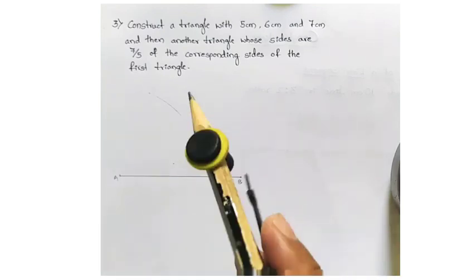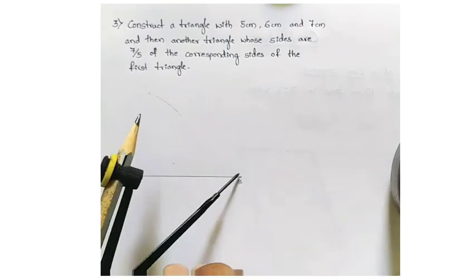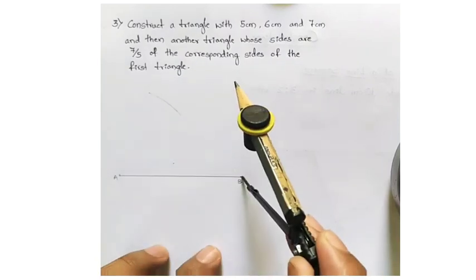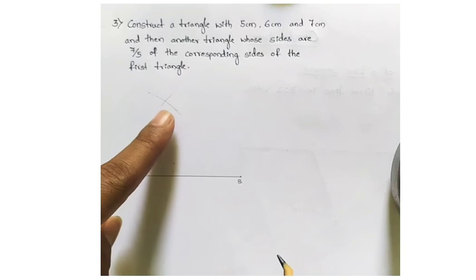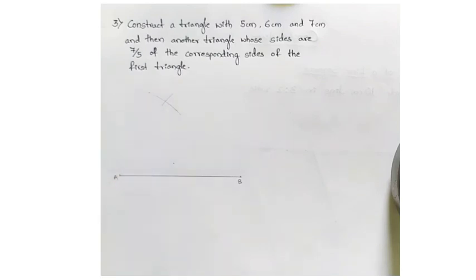So now from B cut the arc of the 5 cm. Okay, so now here we got our intersected arcs.